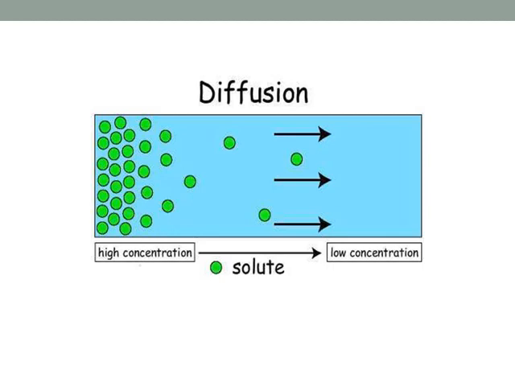This picture shows the movement of material from an area of high concentration to area with low concentration, and this process doesn't require any energy from the cell or metabolic energy.